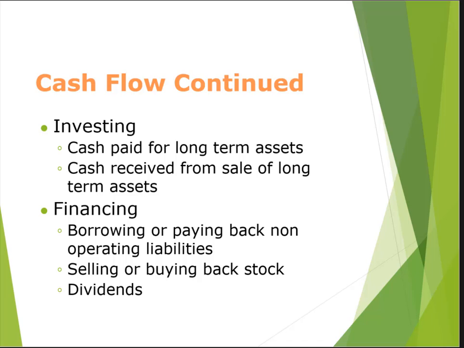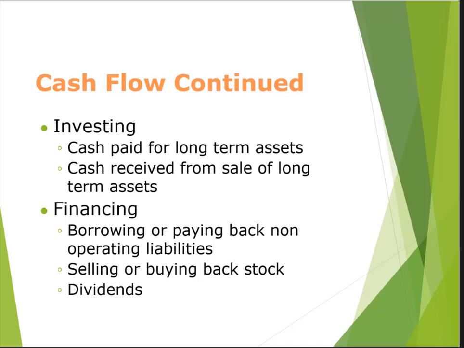Just like when we buy and sell assets, we need to consider the fact that we could have borrowed and paid back loans. So if we see a difference side by side of our note payable or long-term debt after we've added in the current portion, we see it's gone up. It may not be that we just borrowed that much, the difference. It could be, that could be the only thing that happened.